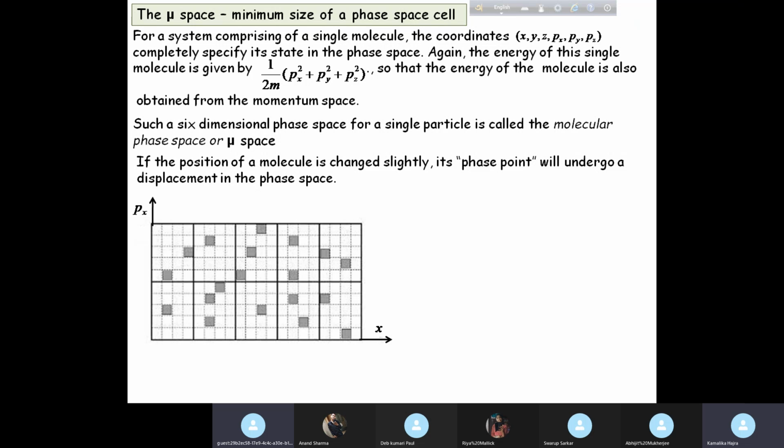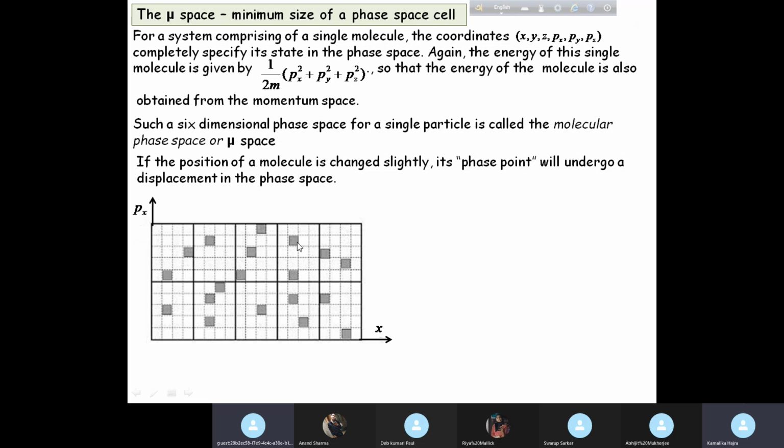All right. So in this space, I want you to recall this picture because it is very important. Okay. So see, the entire space is divided up into small boxes, white boxes. And in that there are some gray boxes. So these gray boxes are where the particles exist.